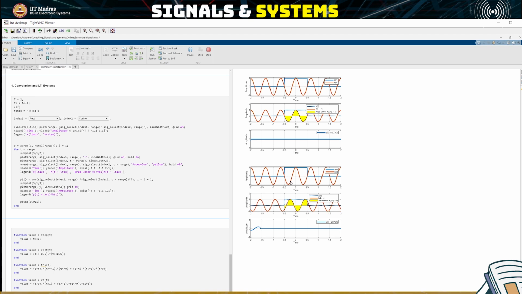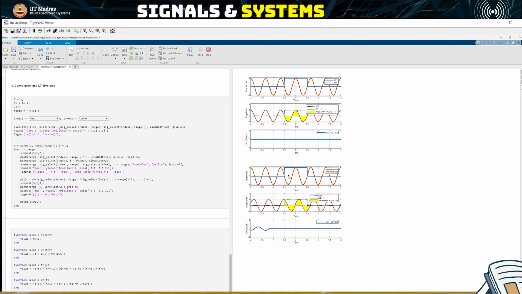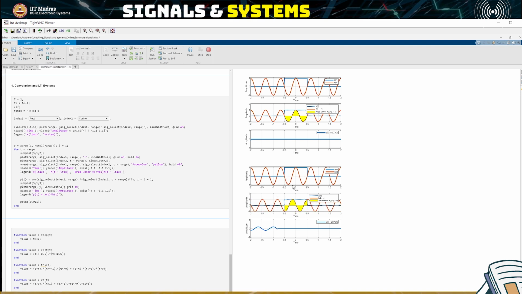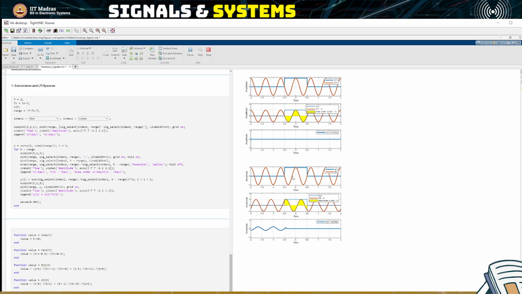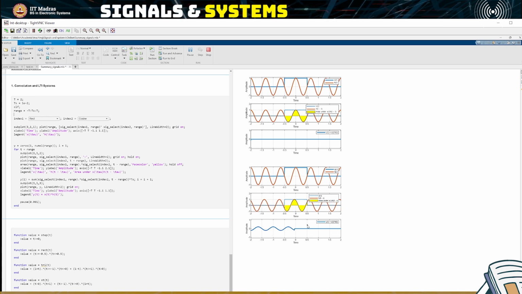Now you can see that the rectangular window has a duration of 1 second, whereas the period of the cosine signal that we have here is less than 1 second. Because of this, the convolution now has a non-zero output.